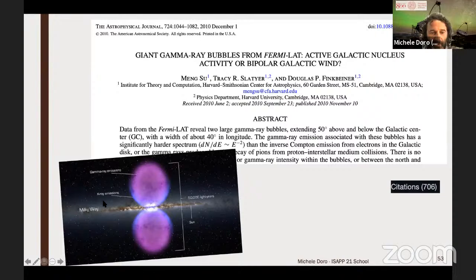So that's our Milky Way, and there are two bubbles here in gamma rays. We knew that they were there in X-ray, but now we know that they are there in gamma rays. So there are two pretty wide bubbles extended over several tens of degrees.